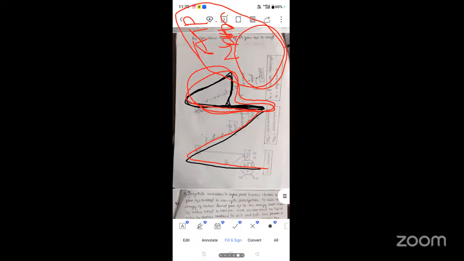This is the form of the energy. Energy is present in this form. So the cyclic and non-cyclic photophosphorylation reactions occur like this. So this is the explanation.